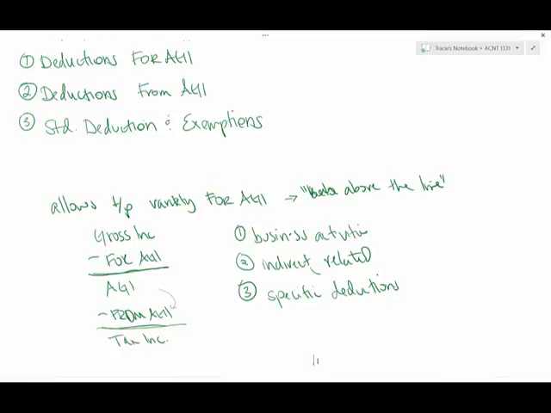So let's first begin with our trade or business expenses. When we talk about our trade or business expenses, we have to define the type of business activity that we're looking at.